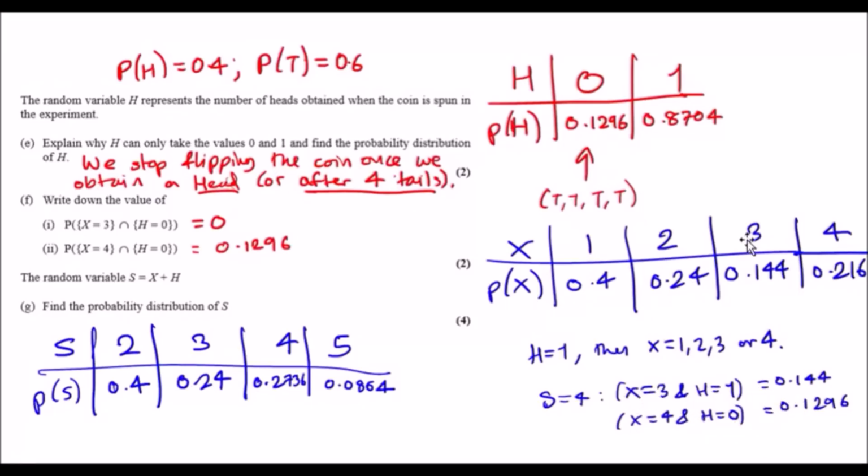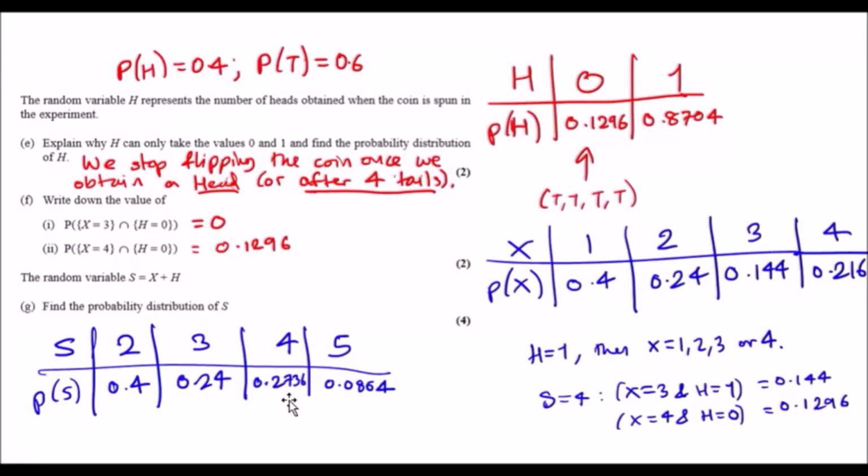So when X is 3, we know when we get head on the third spin, the probability of that happening is 0.144. However, for the 4th one, for this to occur, no heads, this means you must have got 4 tails. As usual, this result would be here, 0.1296. So therefore, to get S equals 4 is one of these, so we add them up, and that gave us 0.2736.